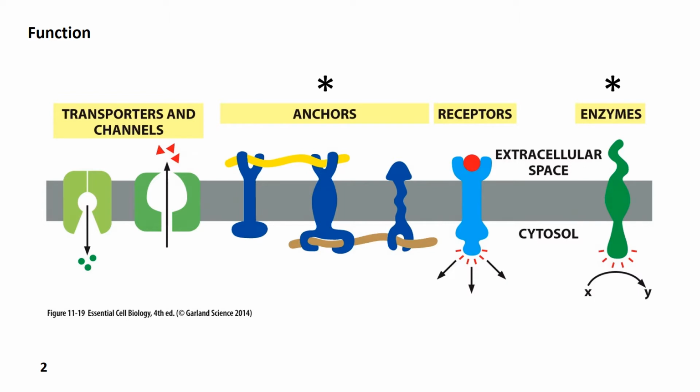Membrane proteins can function as anchors to either the extracellular matrix or to cytoplasmic components, or possibly to both. Additionally, membrane proteins can serve an enzymatic function, working to perform cellular processes that are necessary at the membrane.